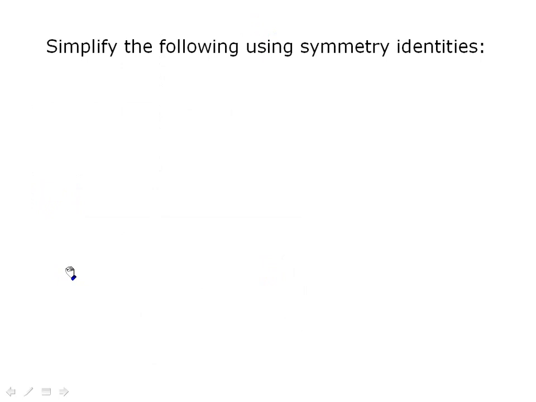Now, to simplify a few using specifically the symmetry identities. This next batch of questions is optional to approach it this way. In fact, I would say that most of you wouldn't bother doing this in a real world type application. But it is interesting, and it's a bit of practice with the symmetry ones as well.